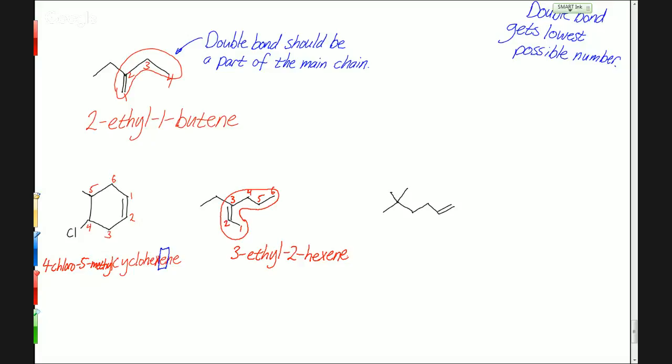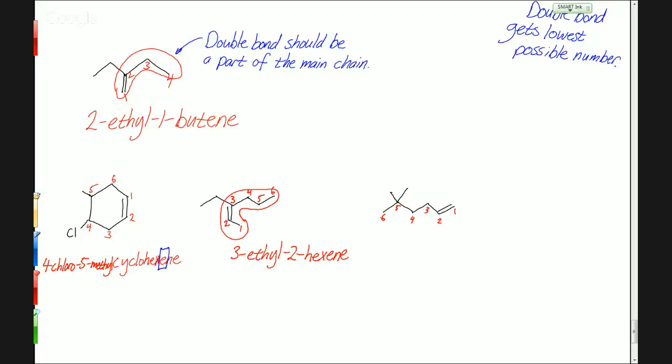All right. And then finally, the only tricky thing about this one is that we need to make sure to give that priority to the double bond. So normally we would start counting from left to right because then the 2 methyl substituents would be on number 2, but we can't do that because of the double bond. So we have to start and go from right to left, count it like this: 1, 2, 3, 4, 5, 6.